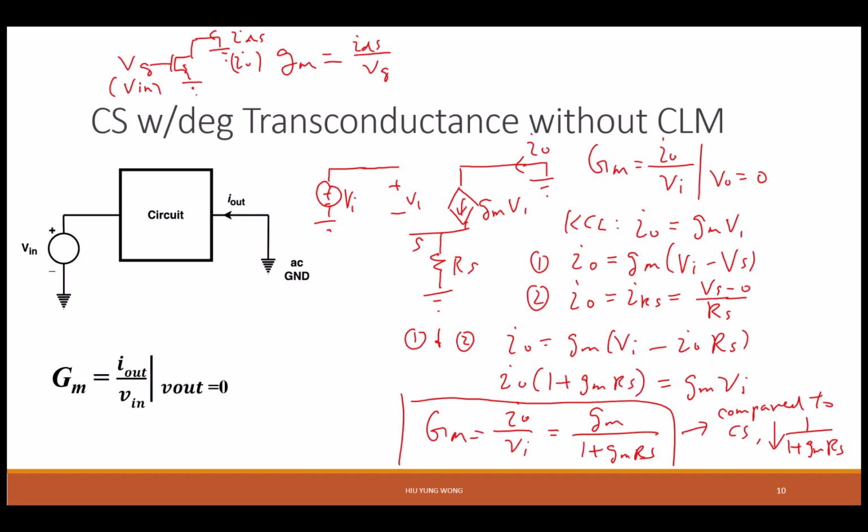So I group the terms: Iout times 1 plus Gm Rs equals Gm Vin. Is this okay? Gm Vin, and Gm Rs I put over here, 1 plus Gm Rs. So what is the transconductance of this circuit?